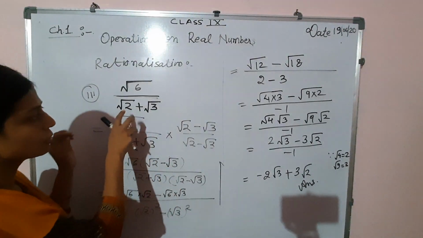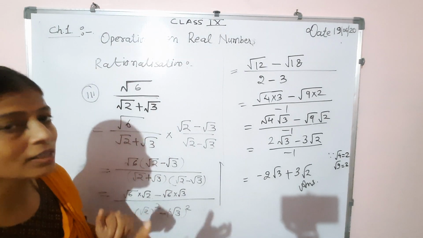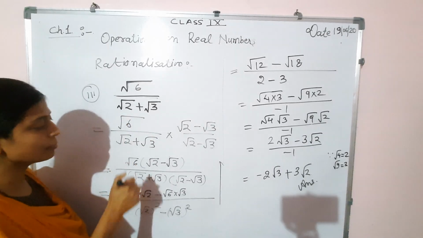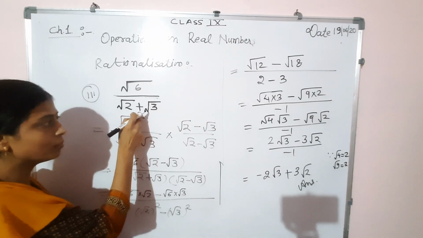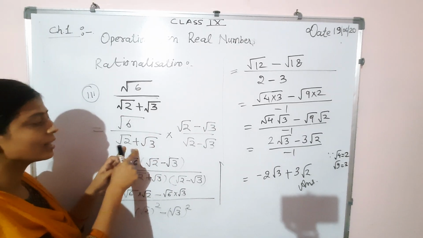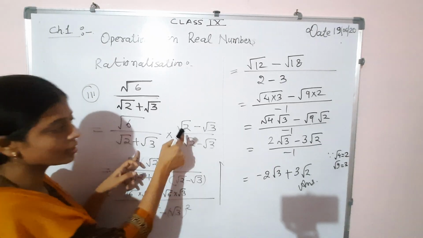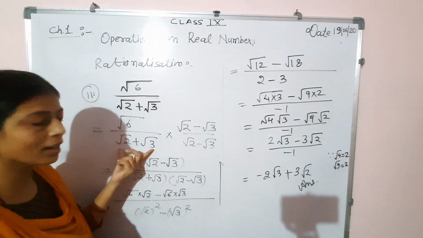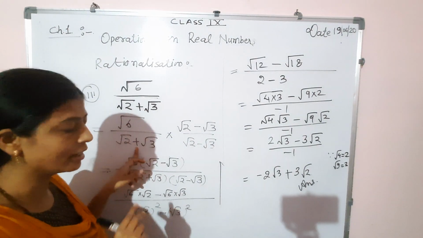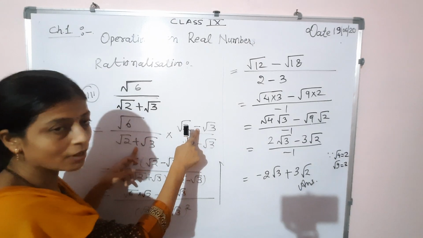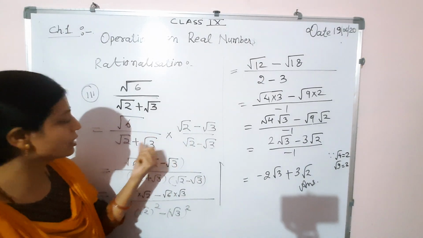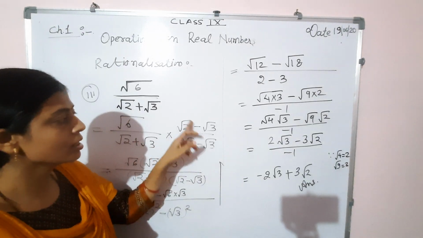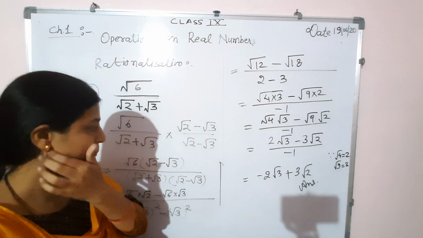There will be two numbers connected by a plus or minus sign, so we have to look at this operation, plus or minus. If plus is given then the rationalization factor for this is root 2 minus root 3, meaning we take the same numbers and change only the sign. If plus is given then we apply minus sign. So the rationalization factor for root 2 plus root 3 is root 2 minus root 3.